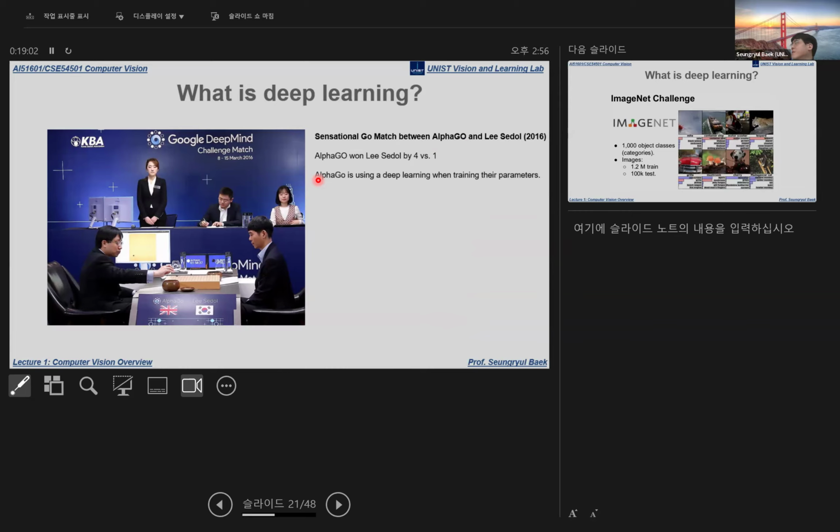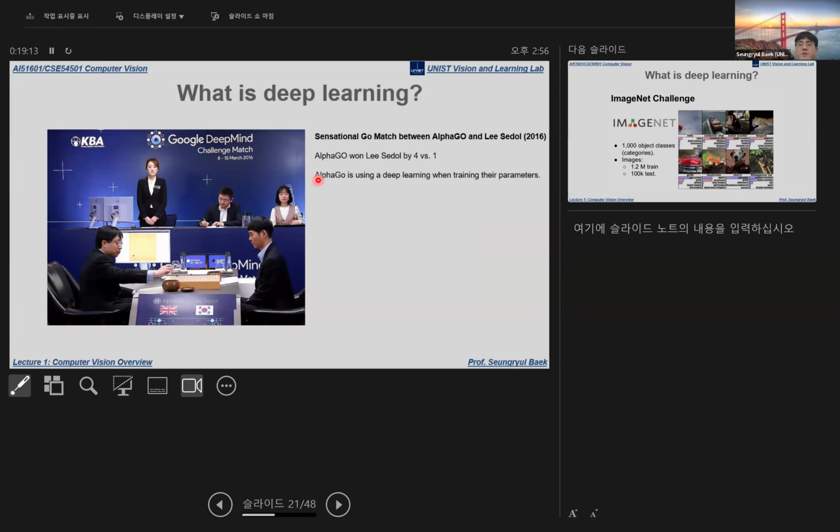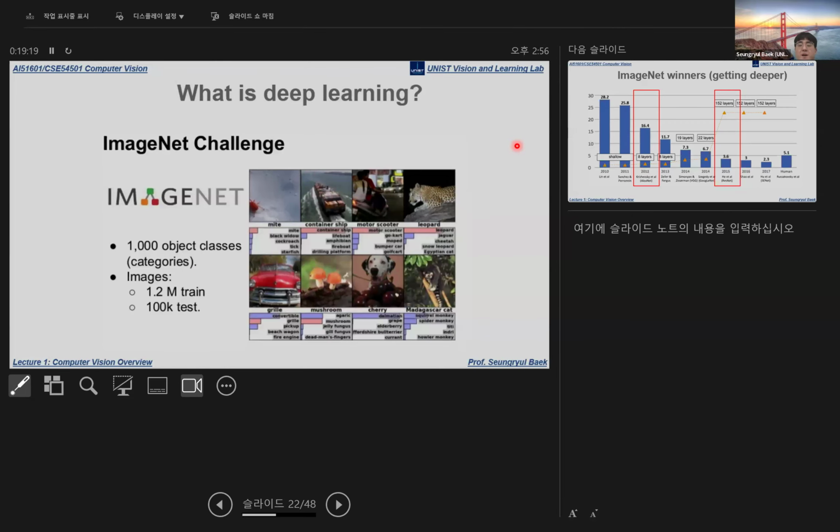But as students studying computer vision, you have to remember an event prior to the Go match between Sedol Lee and AlphaGo in 2016. There was the ImageNet challenge from the early 2010s, a challenge held using the ImageNet dataset.